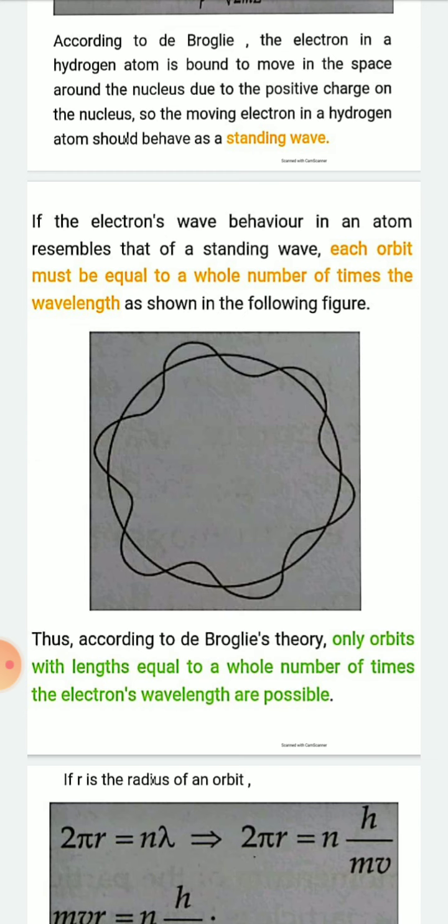If the radius of this circular path is r, then the circumference is 2 pi r.